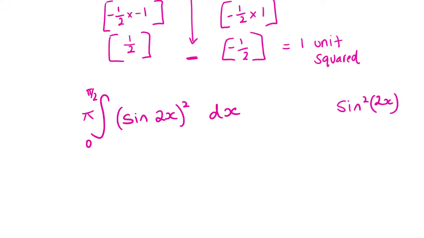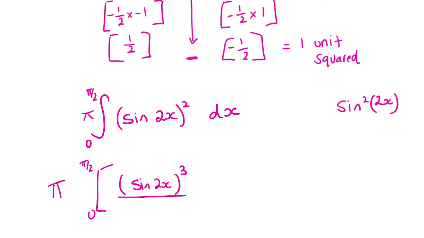So we're ready to integrate this. Now remember, we're going to multiply it all by pi at the end. If we forget about what's happening inside, we have a bracket squared. How do we integrate something squared? We increase the power by 1 and divide by the new power. Then, what do we also do?